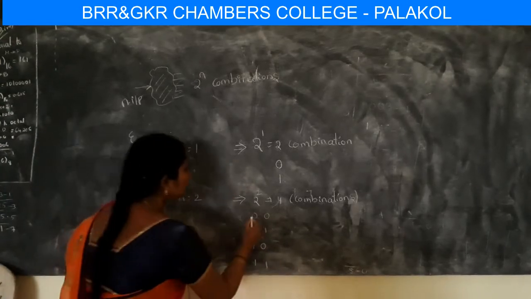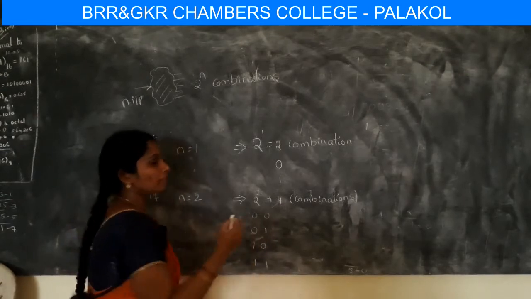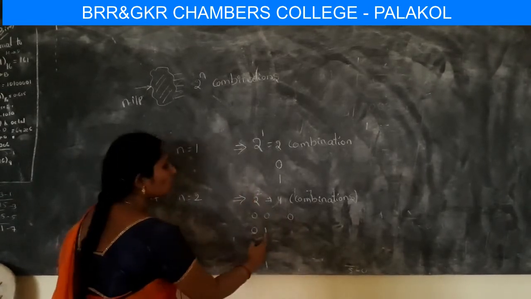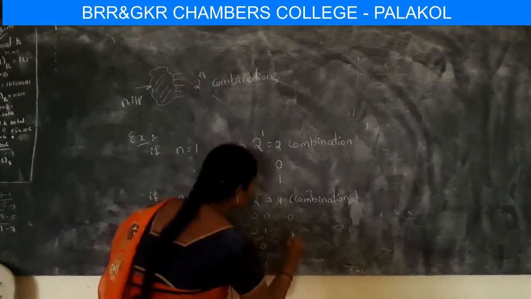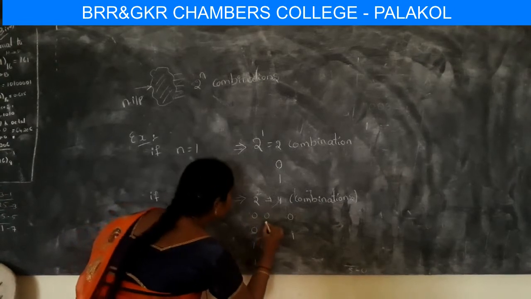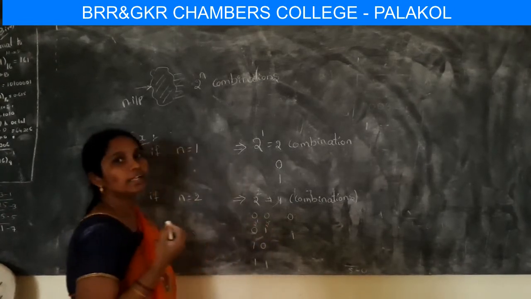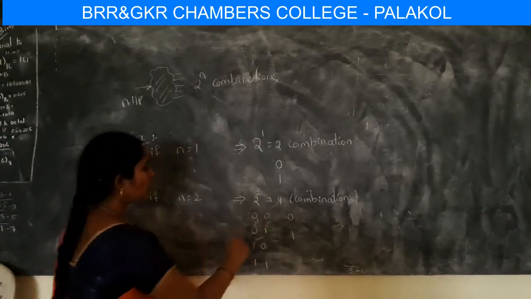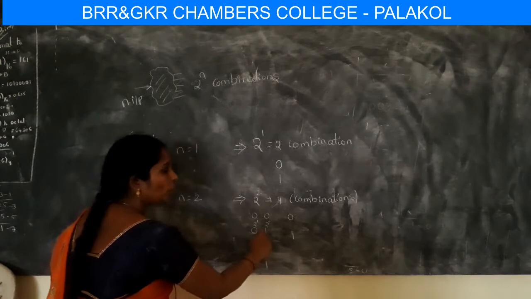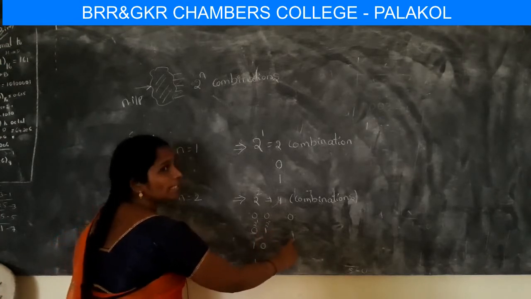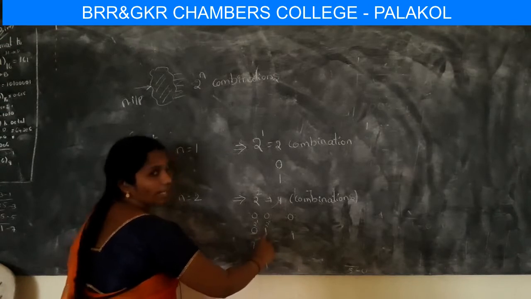Here 00 is nothing but 0. Okay. And after that, 01 is nothing but 1, because we write it as 2 power 0 and 2 power 1, and 2 power 0 is 1. So I will put 1 here, as the equivalent decimal number for this binary number.